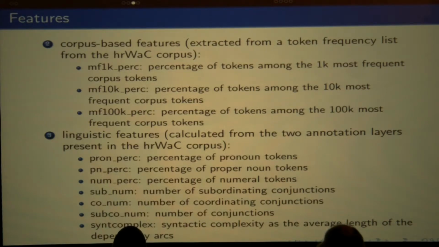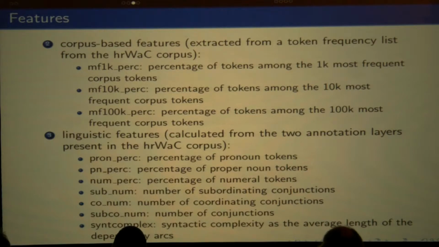And finally, the third type of features were linguistic features that were calculated from the annotation layers that were present in our corpus. These are actually 3 layers, it depends on how you count. These are the morphosyntactic layer and the dependency syntax layer. So the corpus were morphosyntactically tagged and dependency parsed. So those features are the percentage of pronoun tokens, the percentage of proper noun tokens. You assume that you don't want these two, at least this is what the theory says.